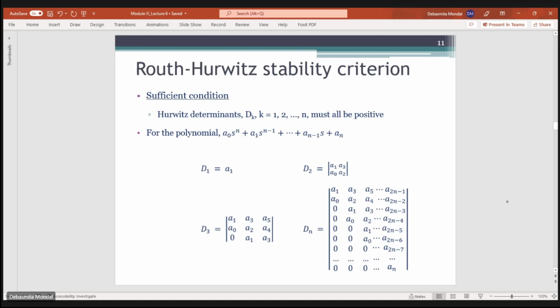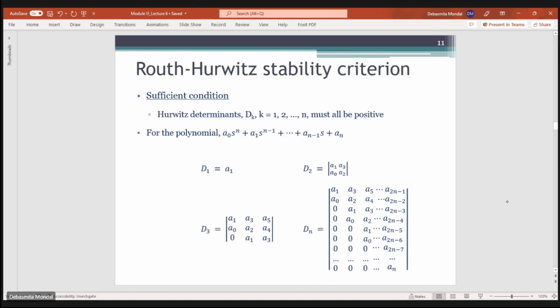Similarly, if you want to find D3, then D3 will be A1, A0, and the last element of this column will be equal to 0. Then in the second column you will have A3, A2 and A1. In the third column you will have A5, A4, A3. So you see, in the first row we actually have all the coefficients for the even terms.